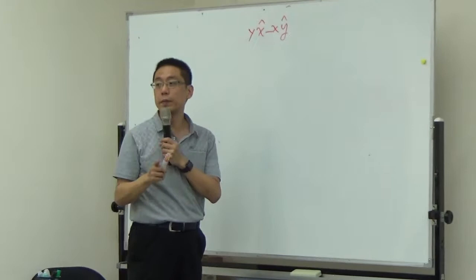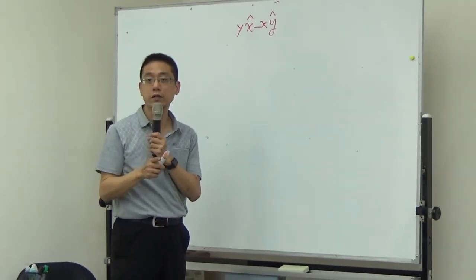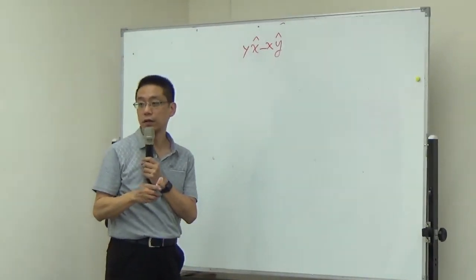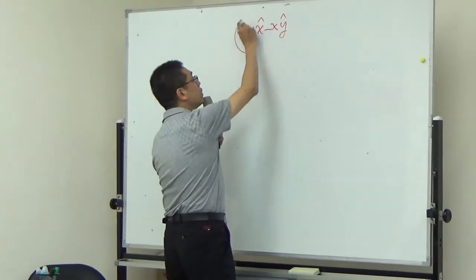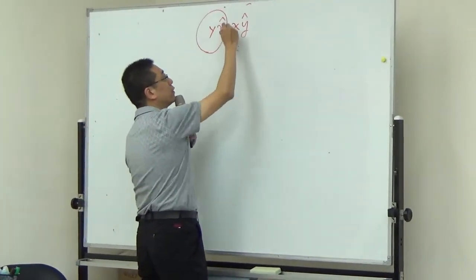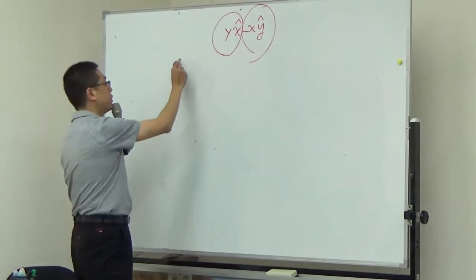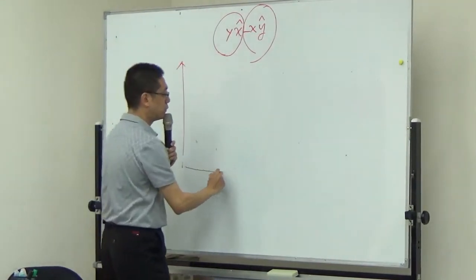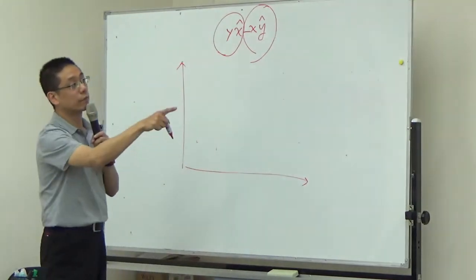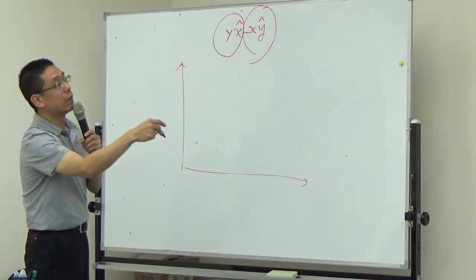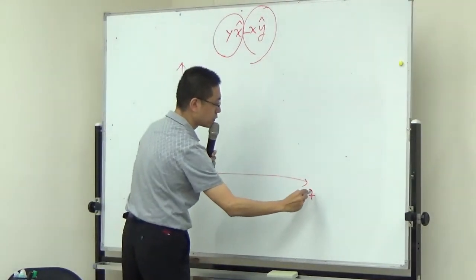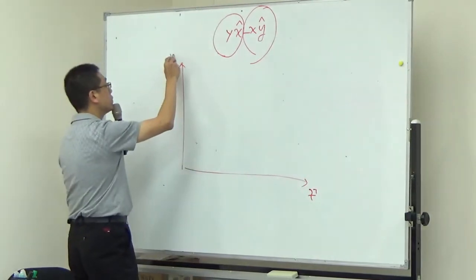Apply superposition if the system is linear. You do this and this separately on the plane of x and y. This is x and this is y.